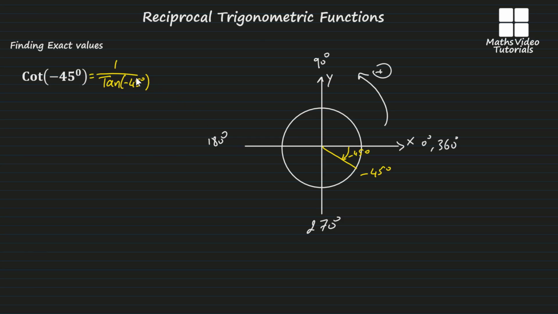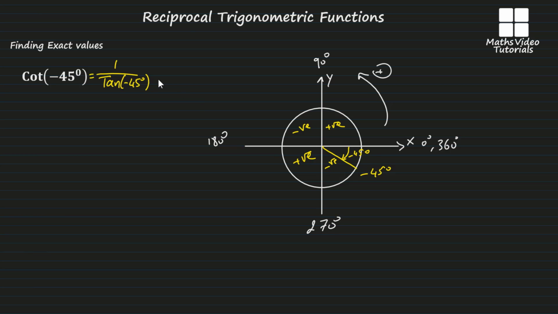Now, before we find the value of tan negative 45, we need to work out the sign. We know for the function tan, it will have positive values in the first quadrant, negative values in the second quadrant, positive values in the third quadrant, and negative values in the fourth quadrant.